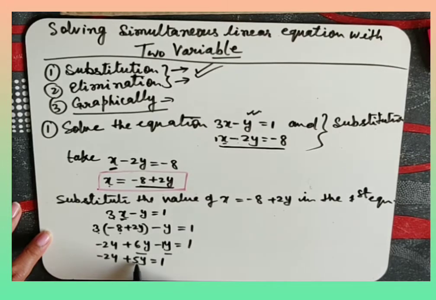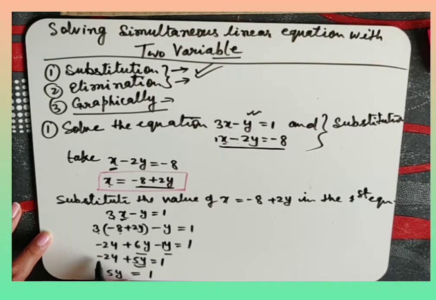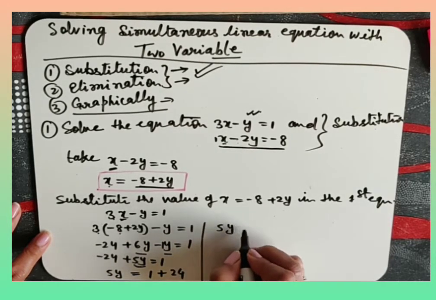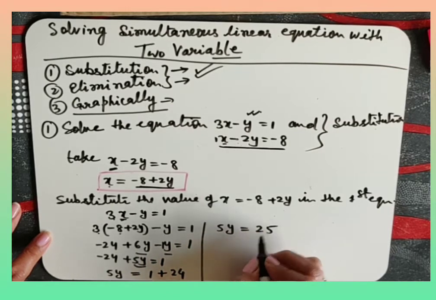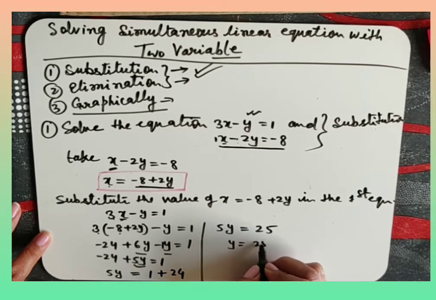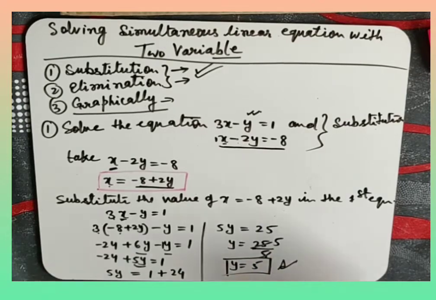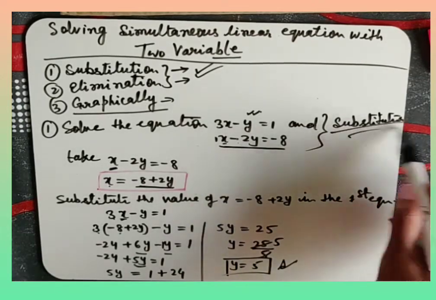Now we have only the y term, so keep it on the left hand side, equal to 1, and this minus 24 will come to this side and become plus 24. Now we have 5y equal to 25, and y will be 25 over 5, this will give you 5, so y equal to 5 is the answer. Now this is the substitution method.